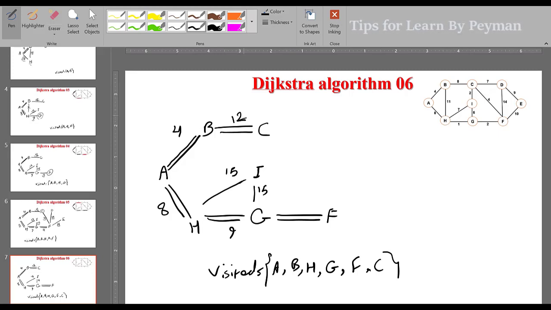We have 12 here, so 12 plus 2 would be 14 from C to I. And from this side we have 7. 7 plus 12 would be 19 to D from C, and from the F, as you can see here, the value was 11. 11 plus 4 was 15 from F to C, and also from C to F, 4 plus 12 would be 16.